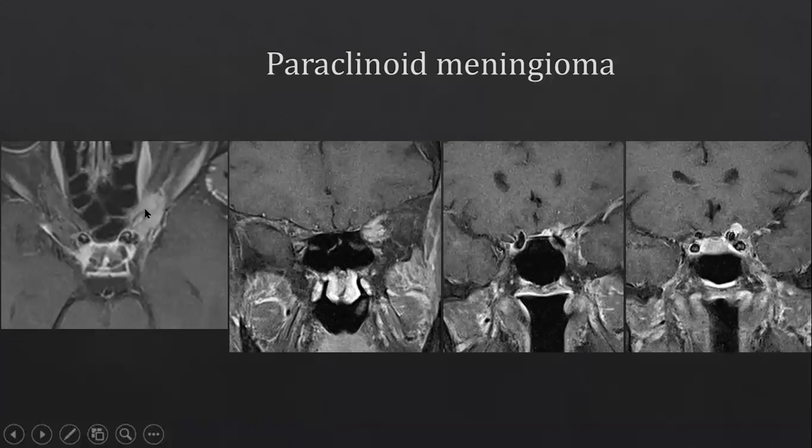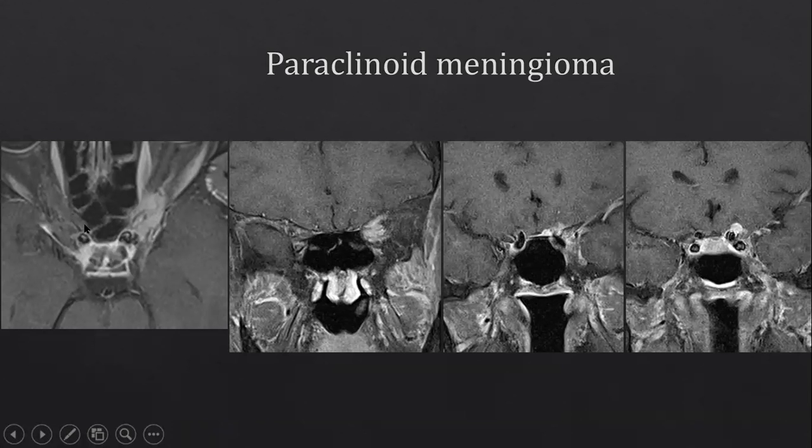And finally, another disease which is peculiar around this area is meningiomas. Here we have the optic canal with the optic nerve. You can see just about at the most posterior aspect, you can barely see the optic nerve over here. This is the carotid artery, and surrounding that you can see abnormal enhancing tissue, which also extends into the orbit via the superior orbital fissure over here, but also into the optic canal.